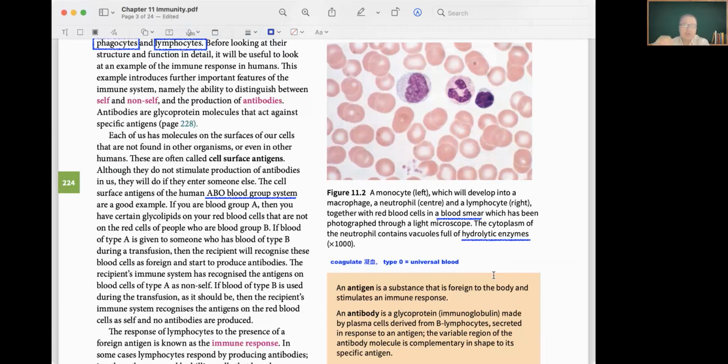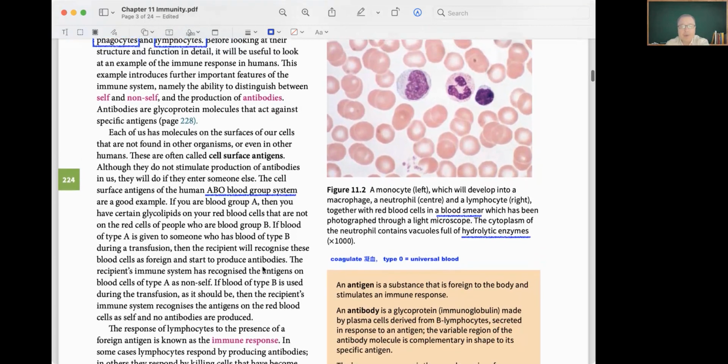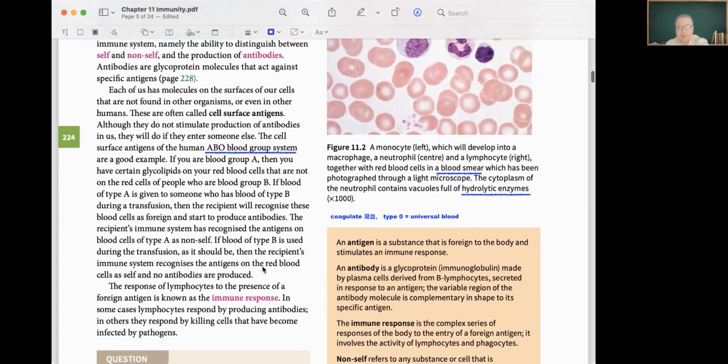So if type O blood has been transfused into type A, type B, or type AB patients, there will not be much negative clinical event, so the persons can get their blood transfusion from the person with type O. Okay, well, no matter what, this is the immune response about the red blood cells.